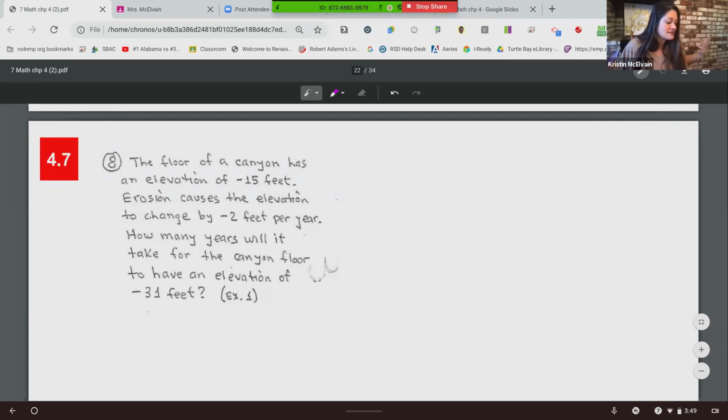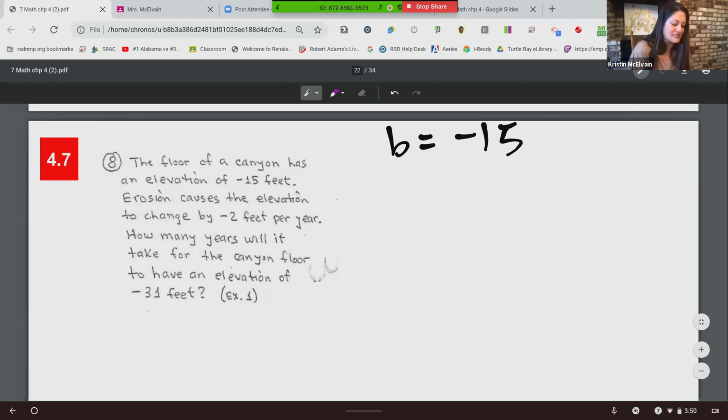All right. So the floor of a canyon has an elevation of negative 15 feet. Okay, so that's where it's beginning. Erosion causes the elevation to change. So that's a rate of change of negative 2 feet per year.